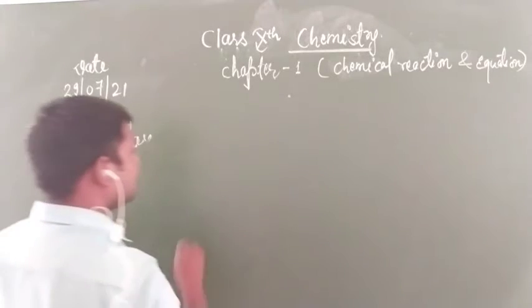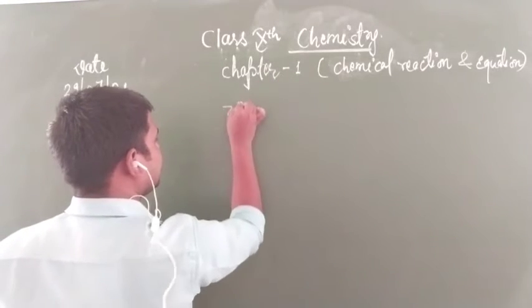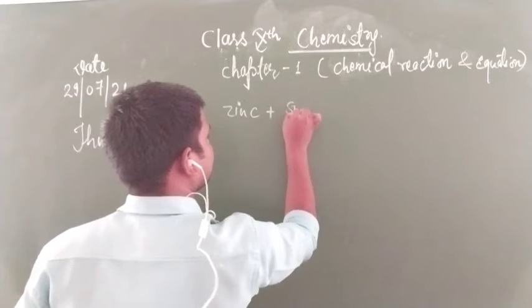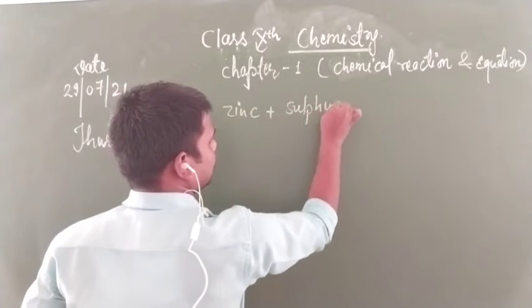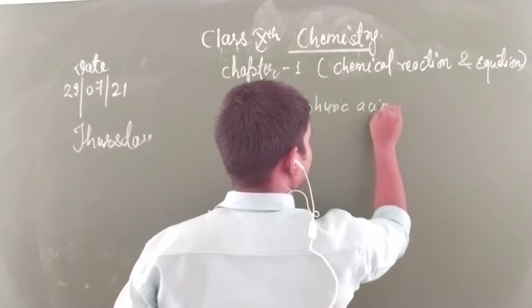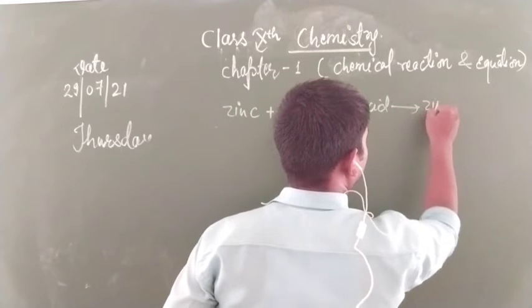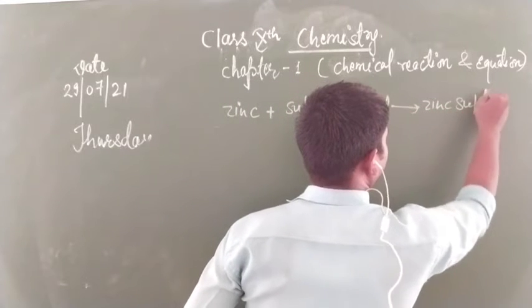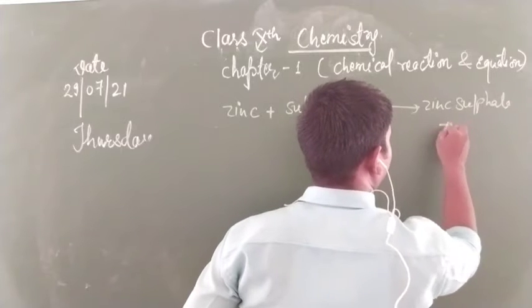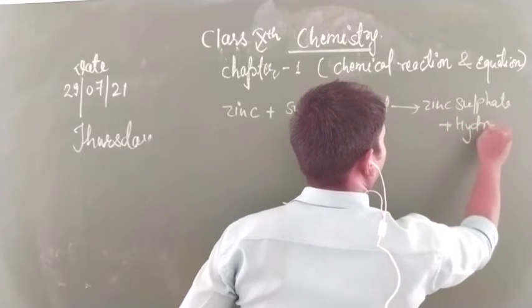Now see children, word equation: zinc plus sulfuric acid gives zinc sulfate and hydrogen.